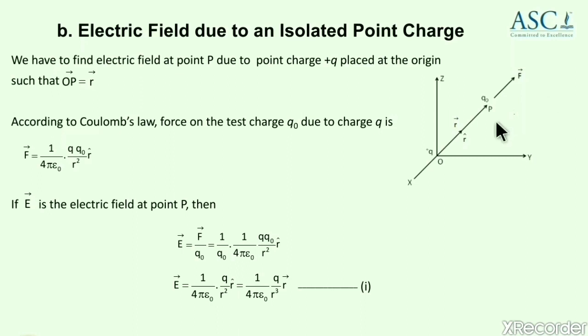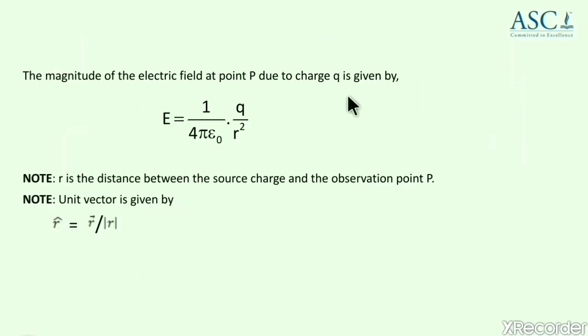See, in the next slide, here is only the magnitude expression for electric field. Suppose in numericals it is asked to find the electric field due to this charge Q, given some value, at a distance of r or some other value.